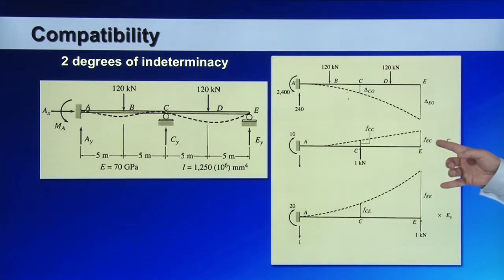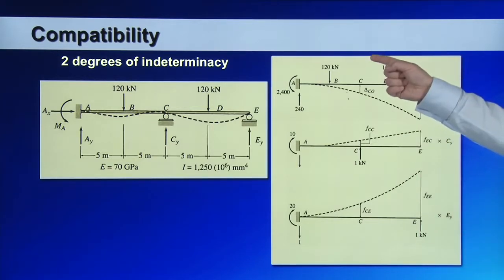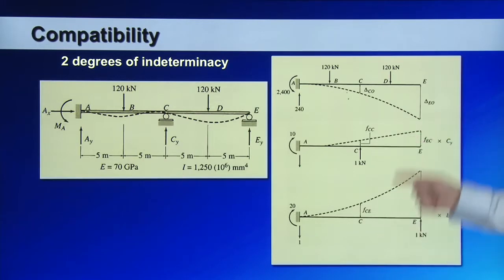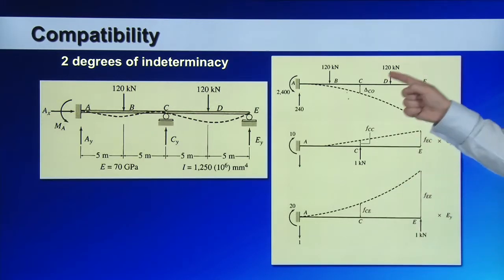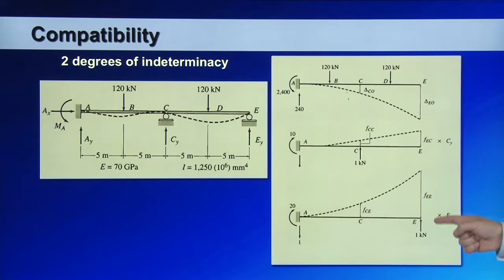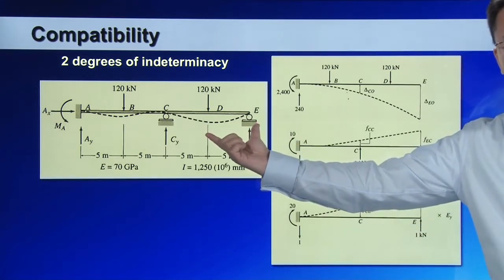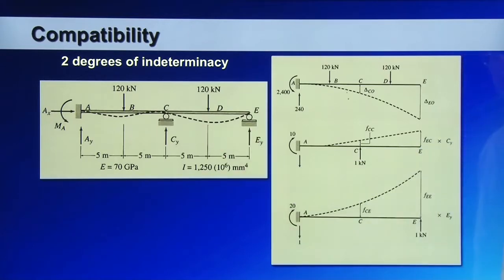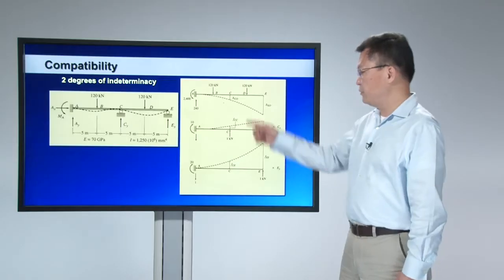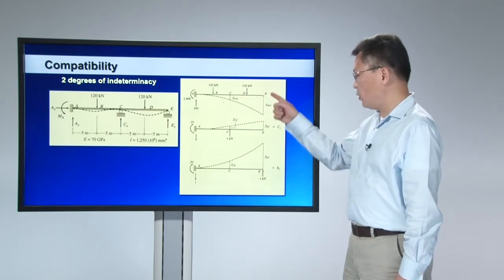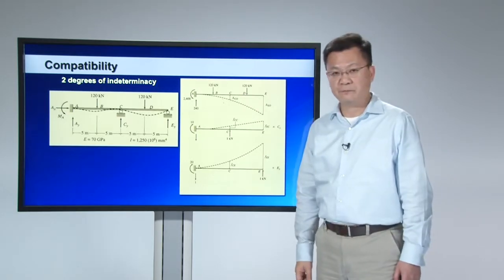Take the last 2 results multiplied by the redundant forces, Cy and Ey respectively, and then superimpose all 3 results at 2 locations, location C and location E. Because these 2 locations are sitting on supports, they cannot have displacements. So you force the superimposed displacements to go back to 0.